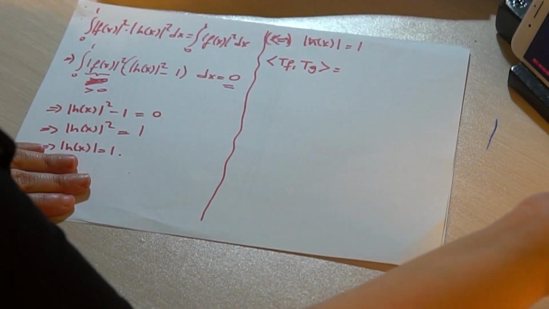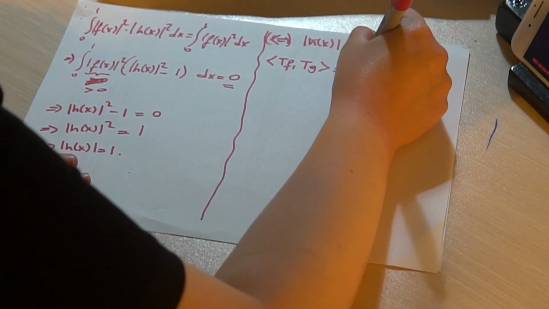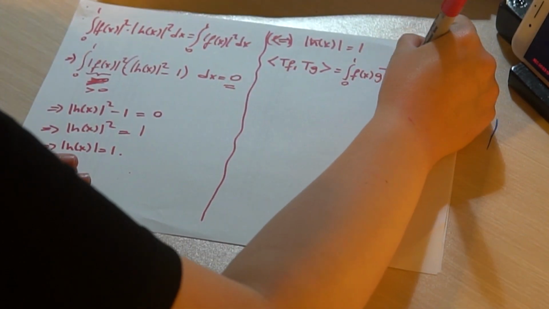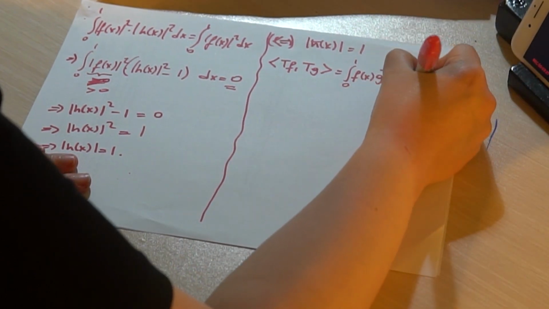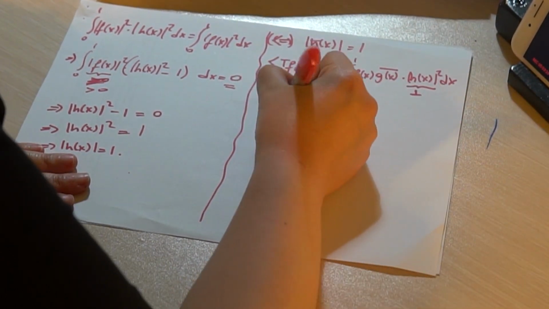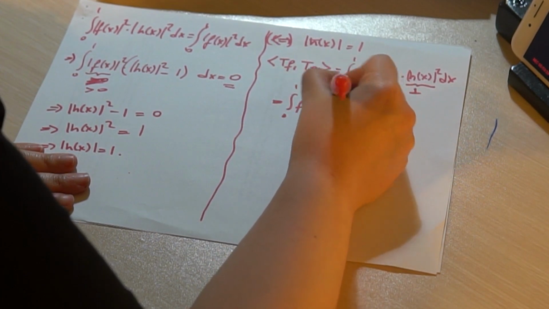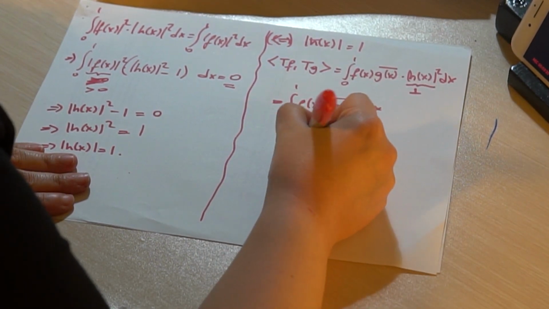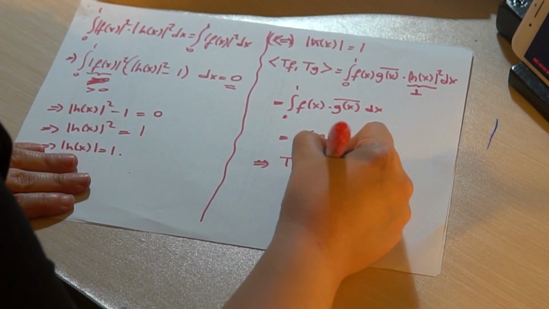So TF, TG will be equal to the integral from 0 to 1 of f times g conjugate of x times norm of h(x) squared dx, and we know that this is equal to 1, so we have the integral from 0 to 1 of f(x) times g(x) conjugate dx. So this is the product F, G. So T is unitary.